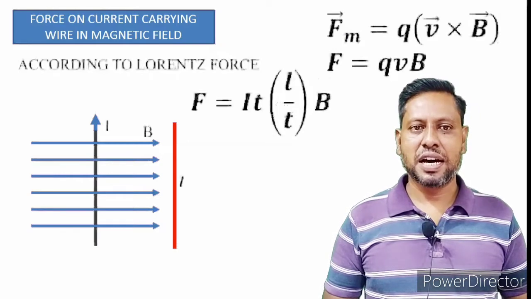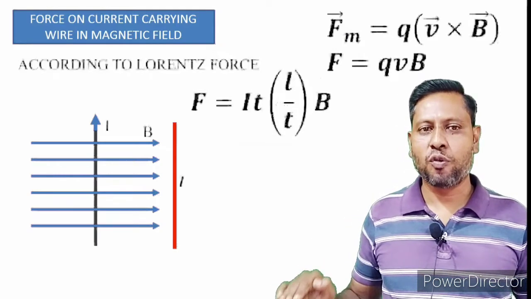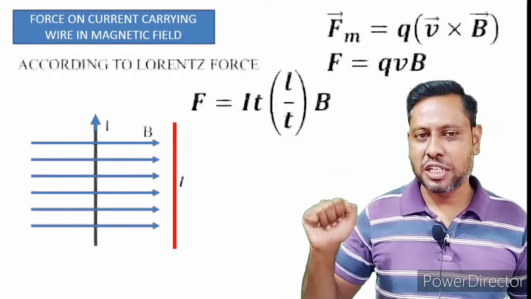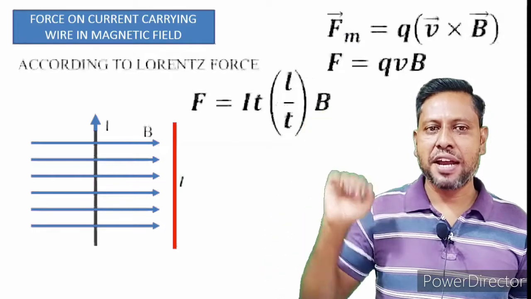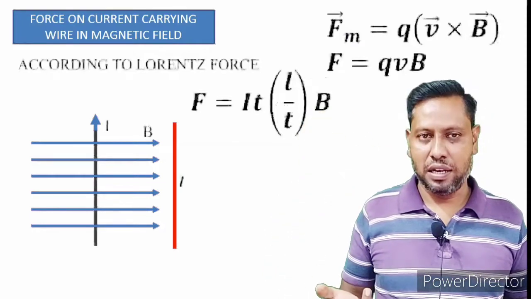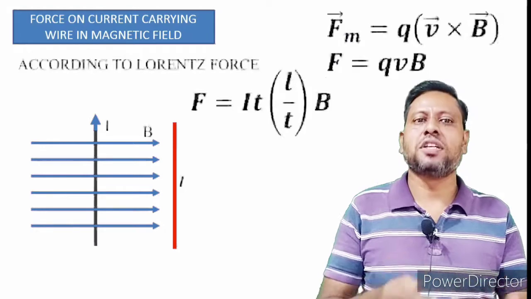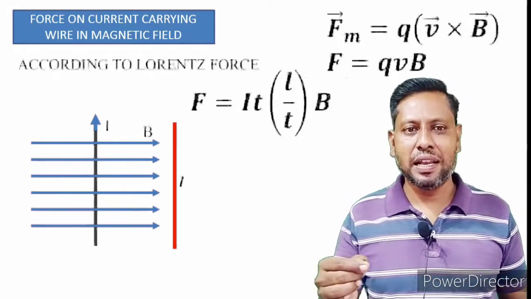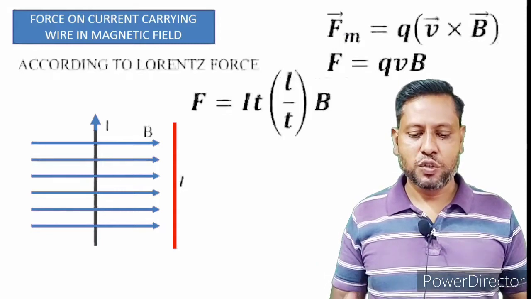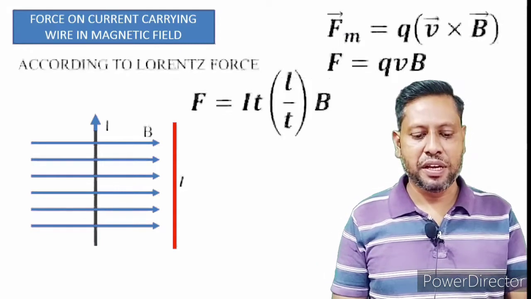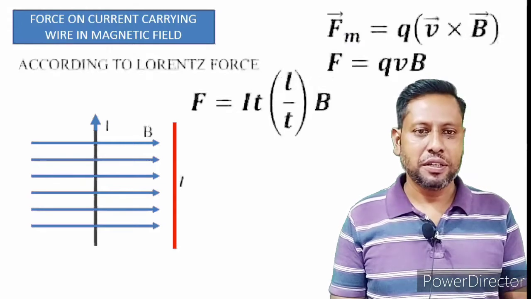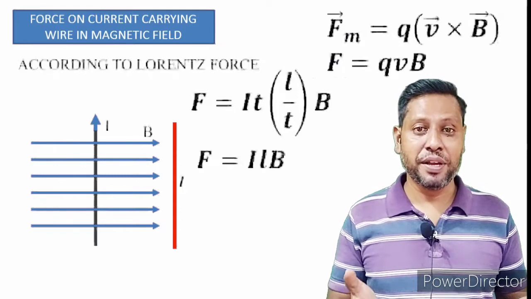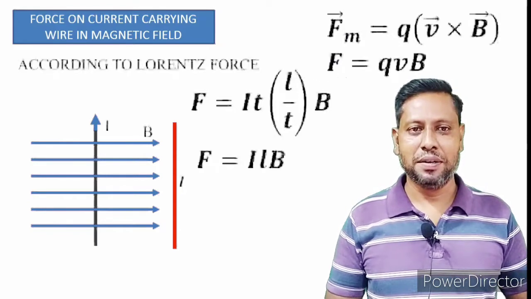Let us say the charged particle is taking time t to go from bottom to the top, and it is covering the distance L. Then the velocity, or rather the speed, of the charged particle can be given by L upon t, right? So if I put the value of v, it becomes L upon t into B. Now simplified, t will cancel out, and you will remain with F equal to I L B.